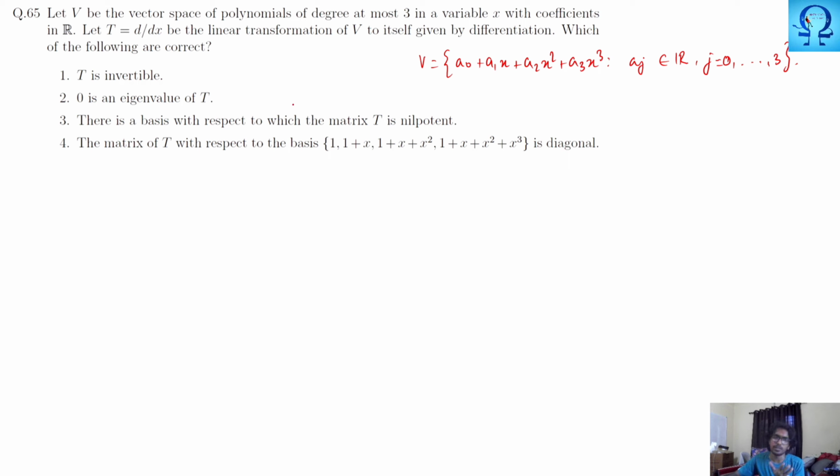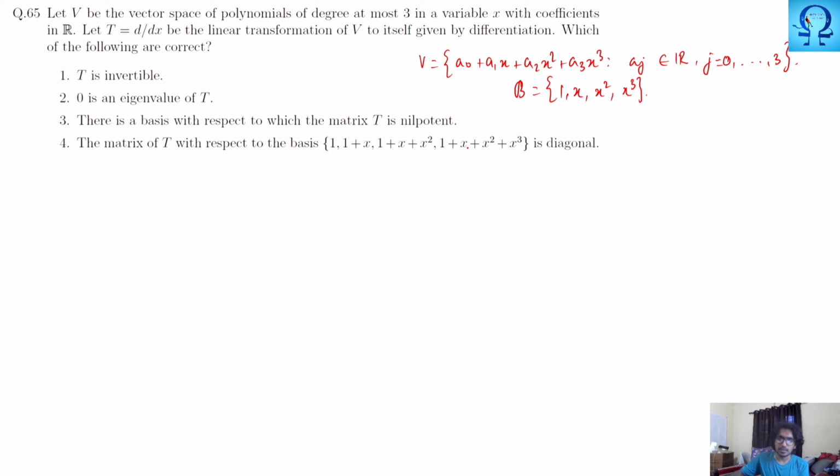And T is a differentiation operator, that is the linear transformation to be considered here, and we'll have to check what are the things that are going to happen. So for option 1, 2 and 3 nothing is specified, only for option 4 some basis is prescribed. We will go with the standard basis in order to evaluate the options 1, 2 and 3.